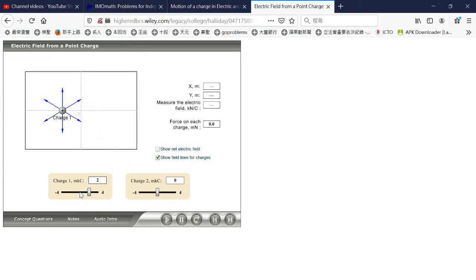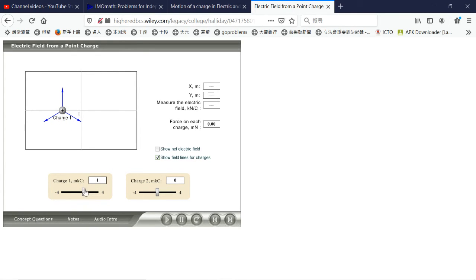Here we can see it is a very simple simulation. The only thing you can modify is the charge amount.